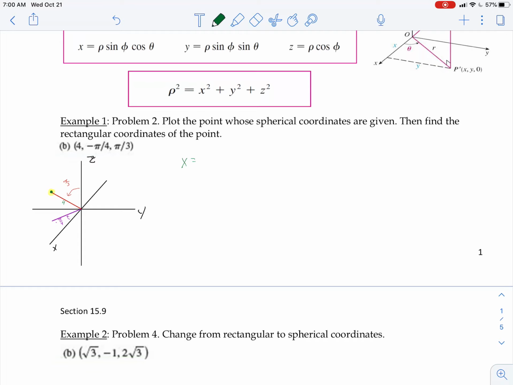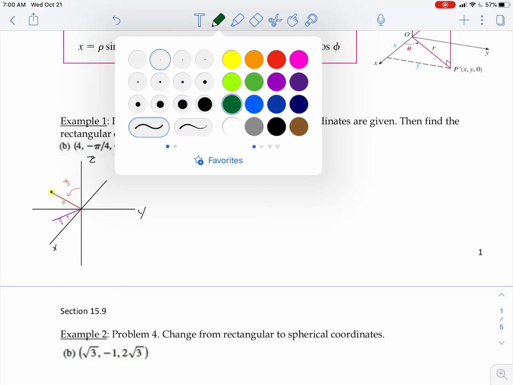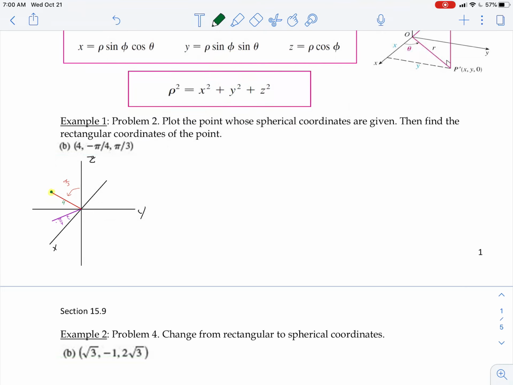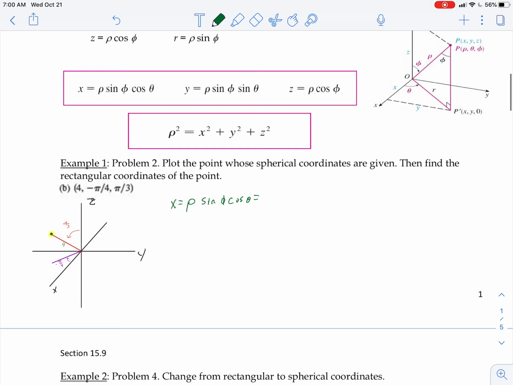All right, now that we've graphed the point, let's find the rectangular coordinates. So let's go ahead and do that. We'll start off with x. So x is equal to rho sine phi cosine theta.